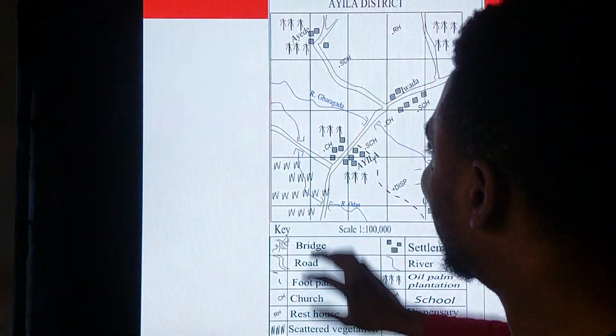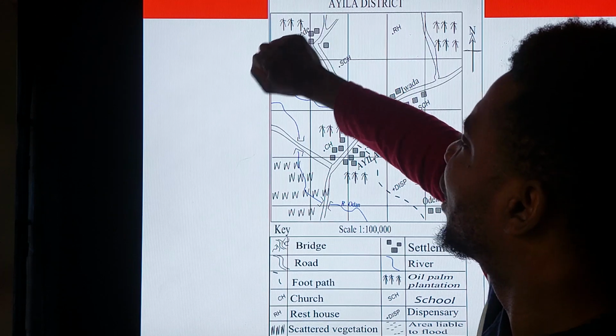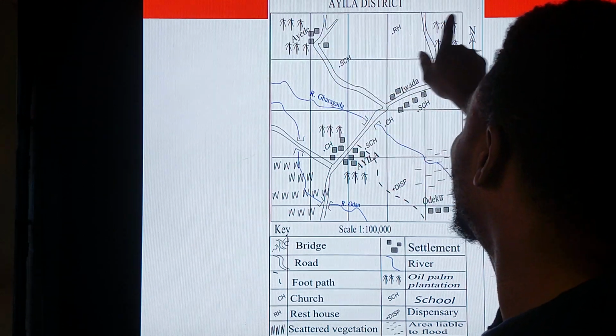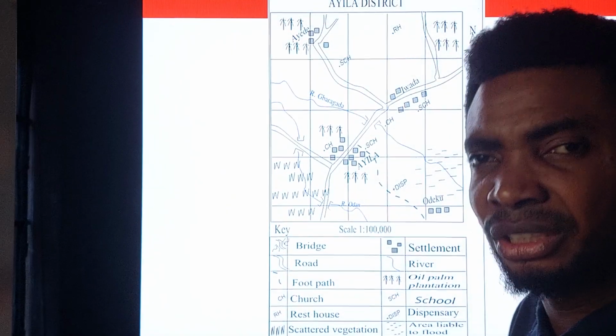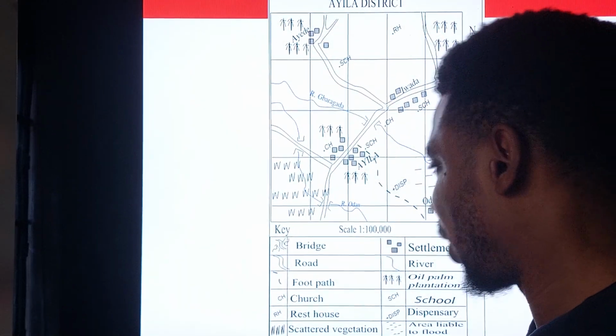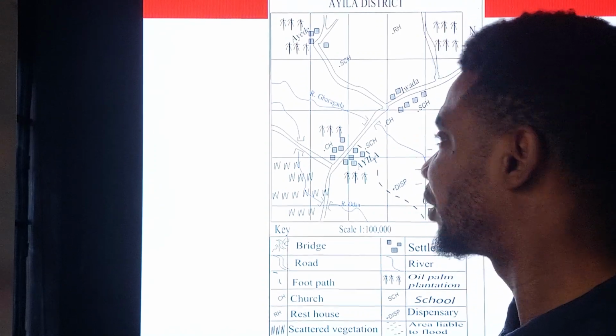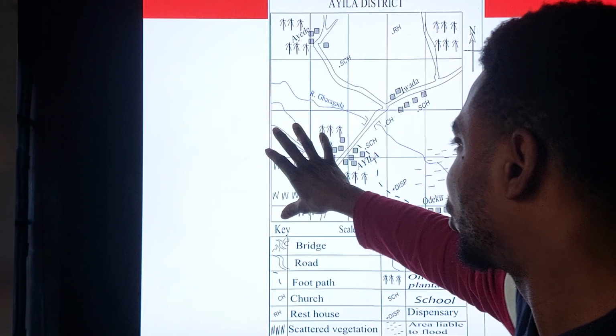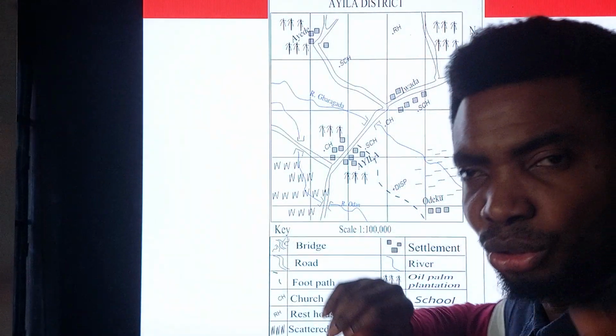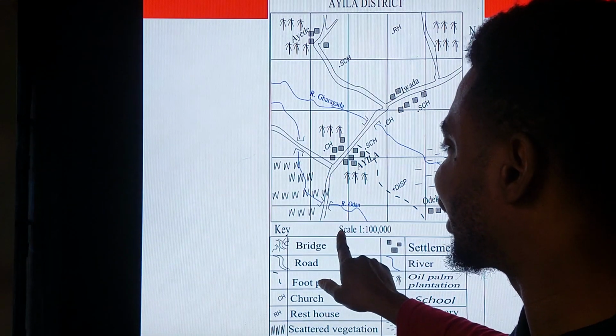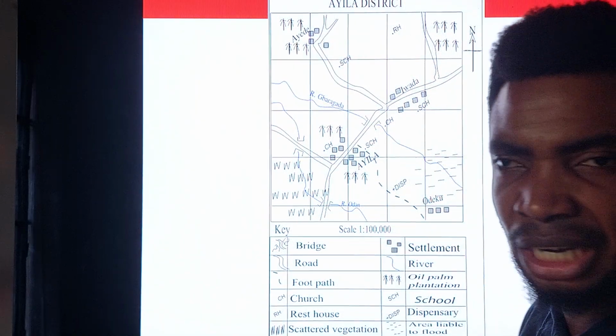So, you measure the length from here to here. You measure the breadth from here to here. You put it down. You don't need to convert to kilometers, so you just measure whatever you get and put it down. Then you remember that the scale is 100,000.